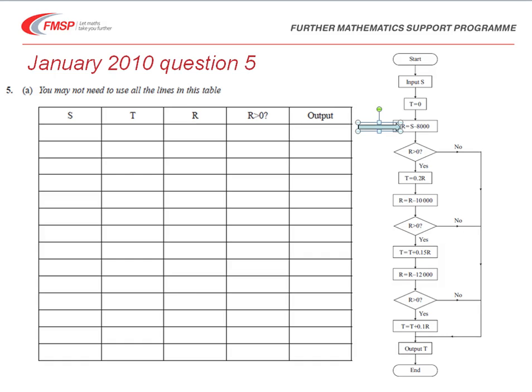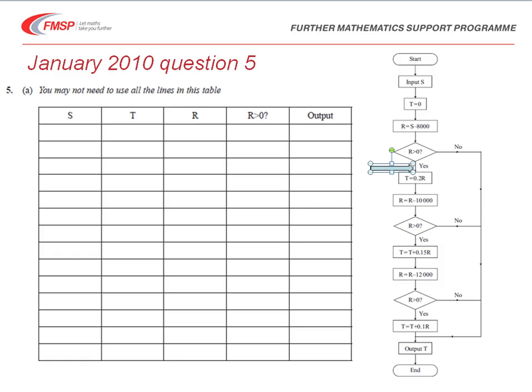The calculations tend to be in the rectangular boxes. We then come to what's called a decision box, and here we're asked, is r greater than 0? Depending on that decision, we either have yes or no, and we follow through to finally produce some output.